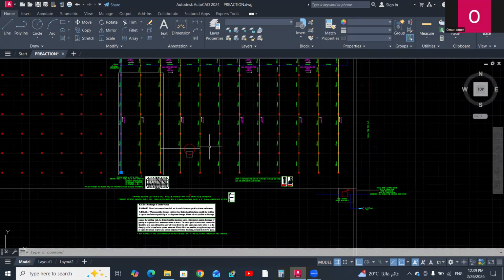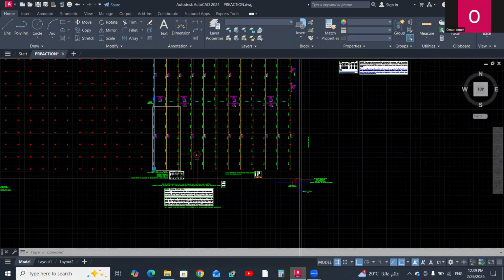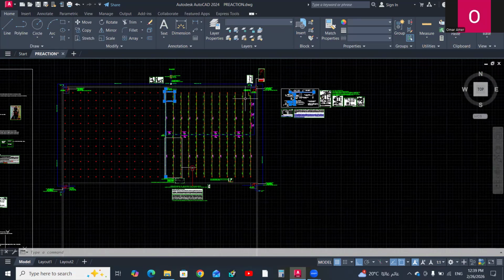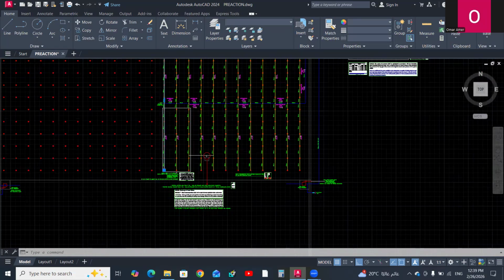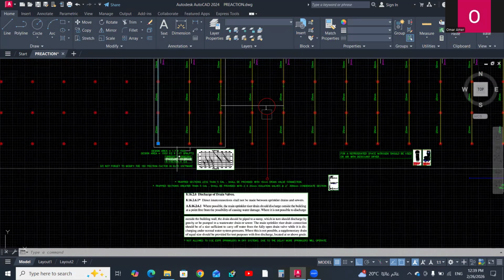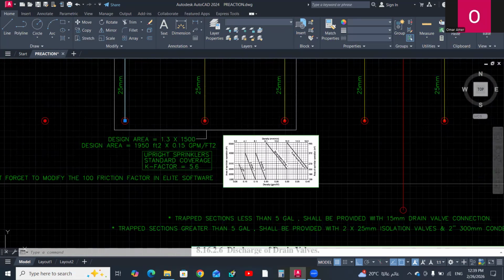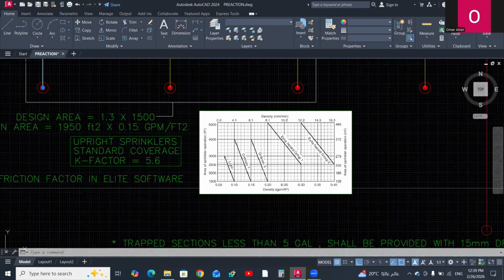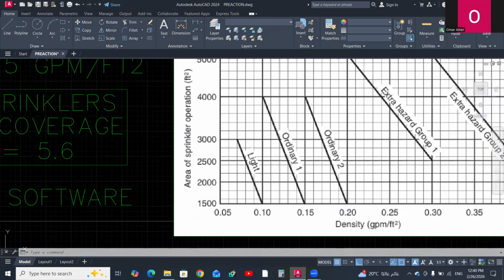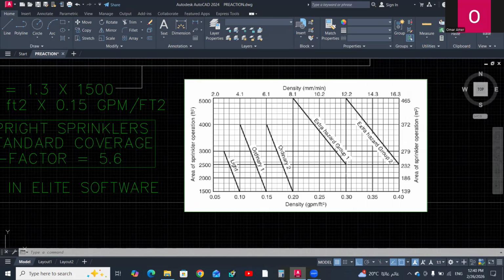For the purpose of hydraulically calculating the minimum pressure and flow rate, NFPA 13 necessitates the use of the density curve to calculate the minimum density. And in our case, if we are talking about an extra hazard with a minimum design area of 2,500, the minimum density will be 0.3 GPM per square foot.